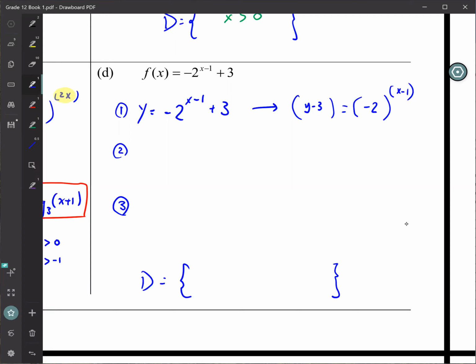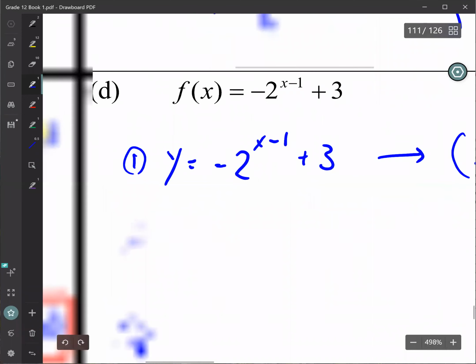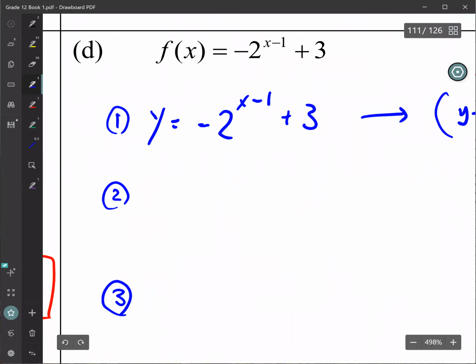Is it the negative? Let me ask Cindy. Did you want to say something? Oh yeah, I said I moved the negative. Yes, okay, because I zoomed in too much. The negative doesn't have a bracket like that, so the negative is not attached to the 2. That's a very tricky part.